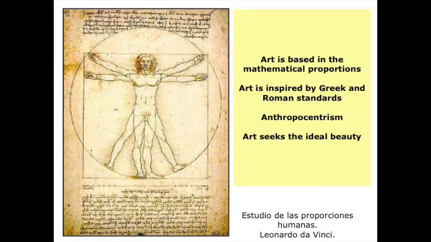And of course, I guess you remember that every art in the Renaissance, in the modern ages, takes as a basis, as a model, the ancient Roman and Greek standards or models. Okay? That's only a review.